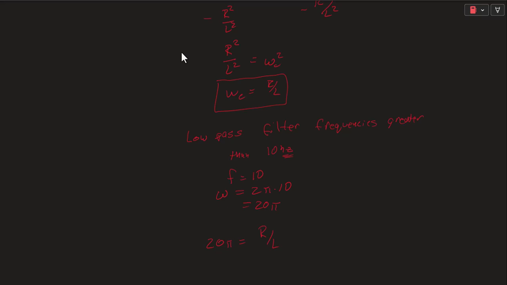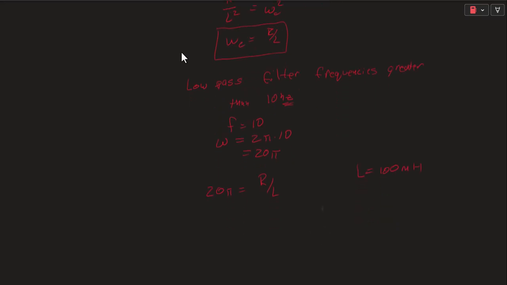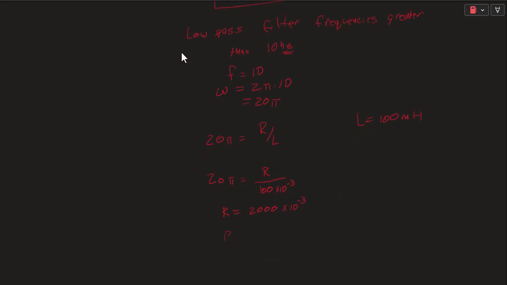So now you would want to pick a value for your inductor. Let's say that we had an inductor that was 100 millihenries. What would our resistance need to be? So you just have 20 pi equals r over 100 times 10 to the negative 3, or r equals 2,000 times 10 to the negative 3, or r equals 2 ohms.